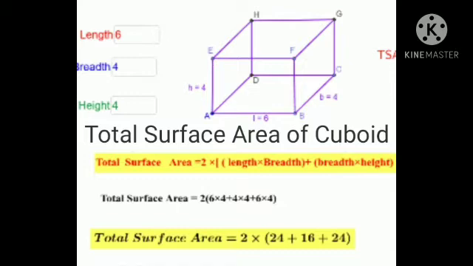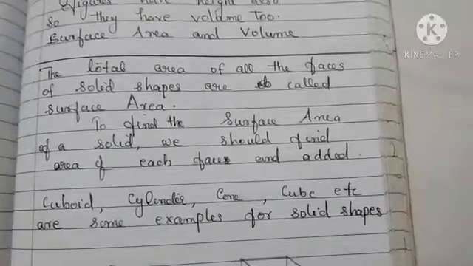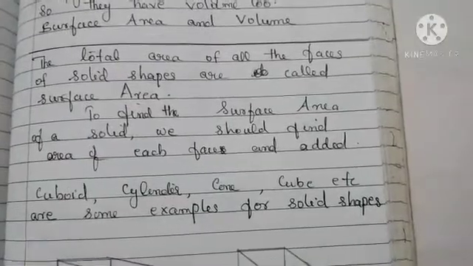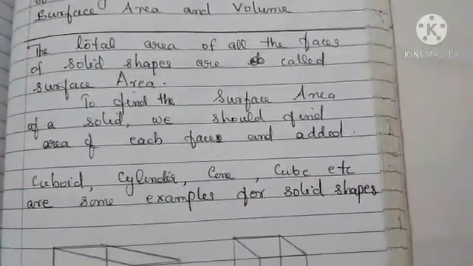You can see here a cuboid. You have learned that a cuboid and a cube have 6 faces and opposite faces are identical. That means they have the same area. So to find the surface area of a solid, we should find the area of each face and add them.